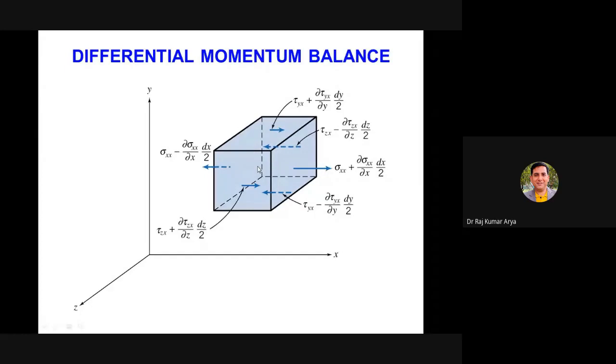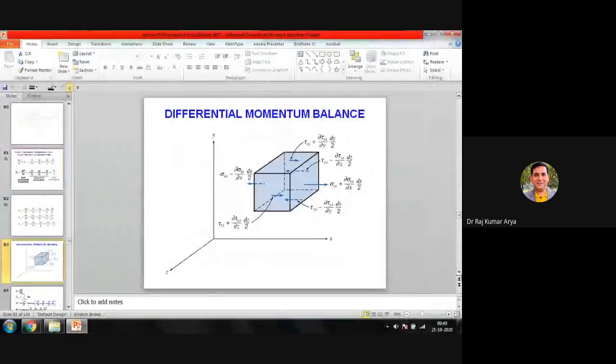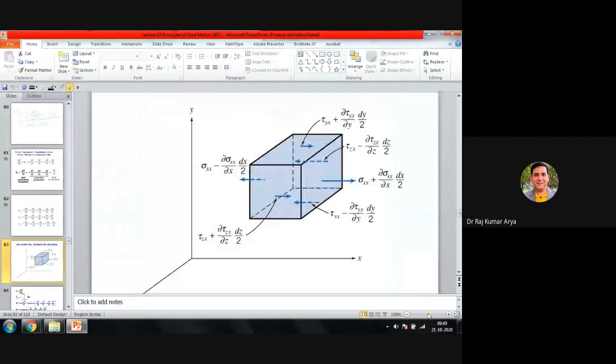If you are doing the balance only in the x direction, here you see everywhere you have x. Here you also have sigma xx. Here you have tau yx.